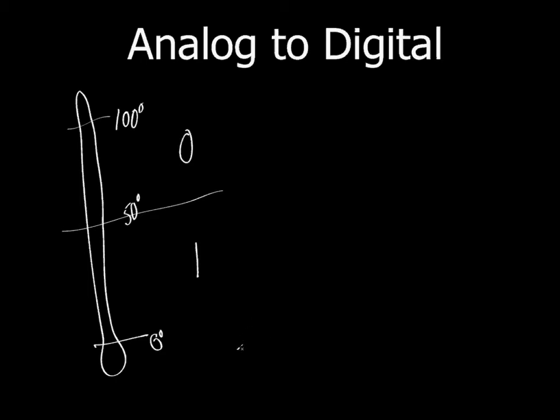But that wouldn't be very accurate, because the chances are, if we want to know the temperature of something, we don't want to have such a massive range of 50 degrees. So what we can do is break this down even further, using two binary digits and dividing it into 4 possible zones. So here's our 4 zones.